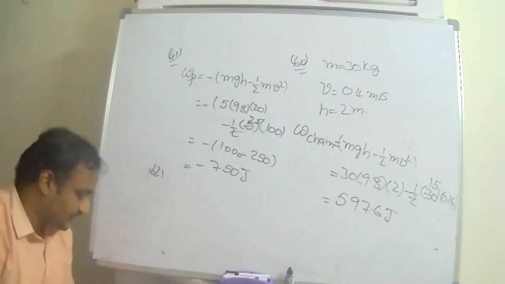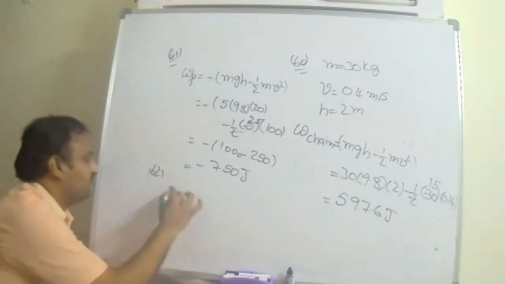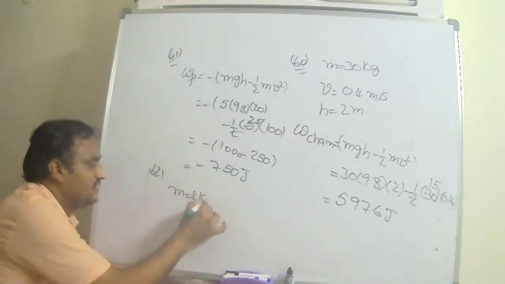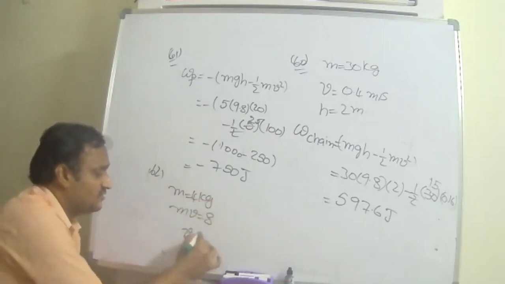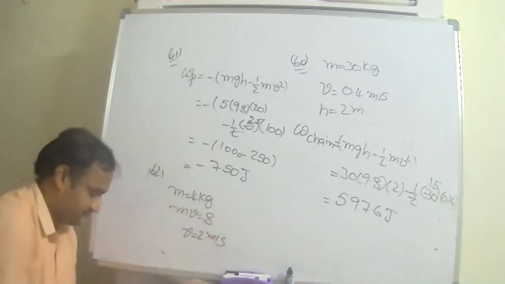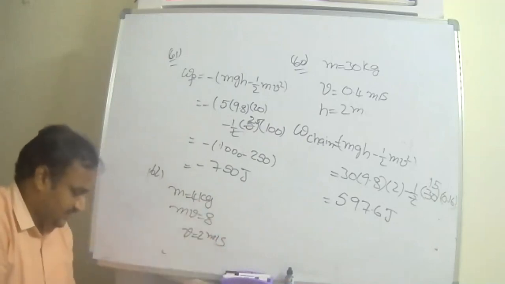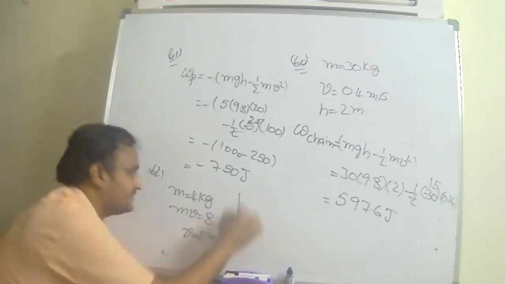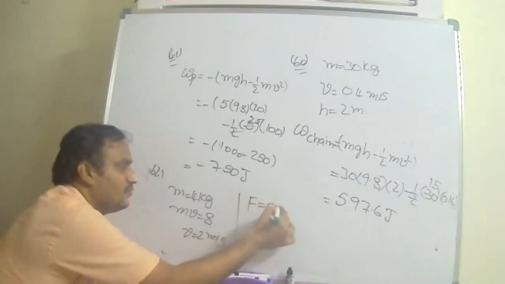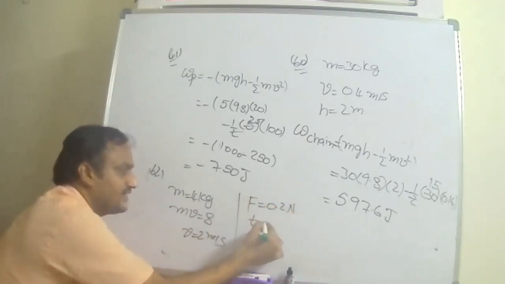A body of mass 4 kg moving with a momentum 8 kg meter per second. Okay, m is 4 kg, mv is 8. So v is equal to 2 meter per second. A force of 0.2 newtons acts on it in the direction of motion of the body for 10 seconds. 0.2 newtons for 10 seconds.